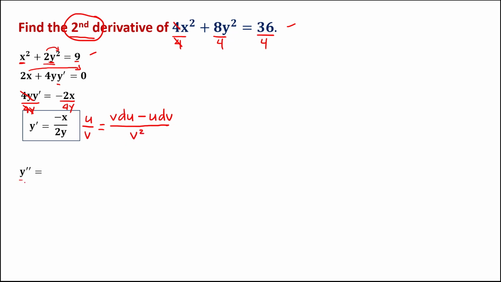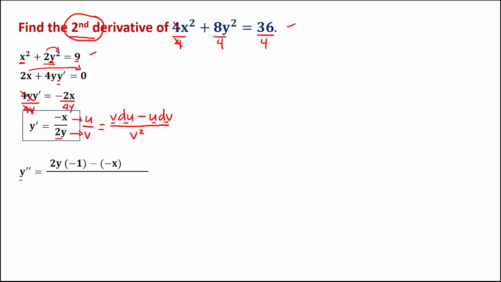So we have v equal to 2y, and u is negative x, and the derivative of negative x is negative 1, then minus u, negative x, times the derivative of v.